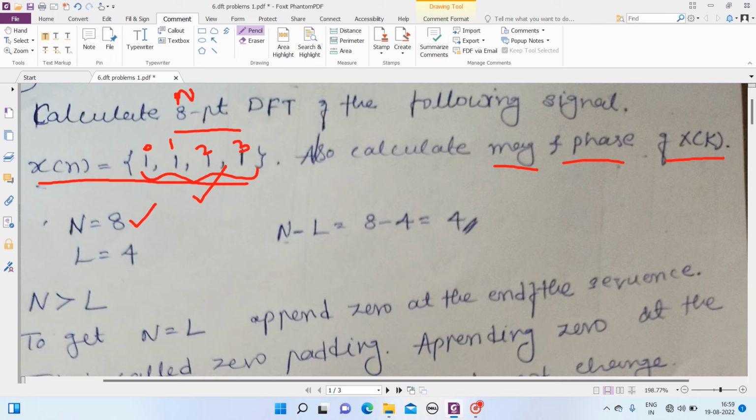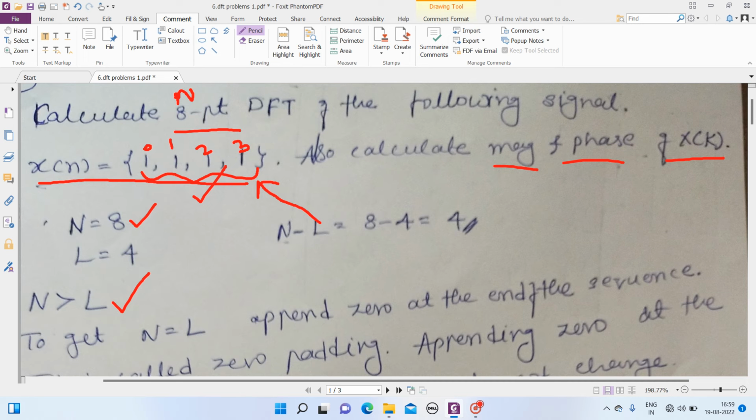Here we need to calculate how many zeros we have to append, right? We know that N is greater than L. This is the condition. Based on this condition, we need to append the zeros. N is equal to 8, and capital L is the x of n sequence length. We need to calculate the 8-point DFT, so 8 minus 4 is equal to 4.